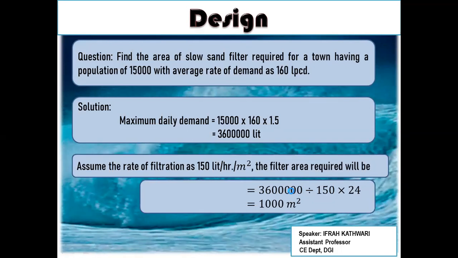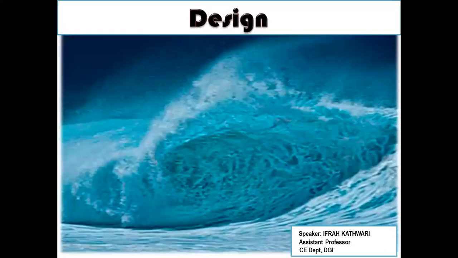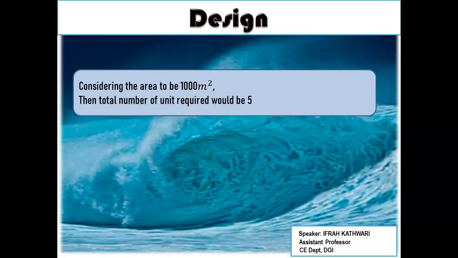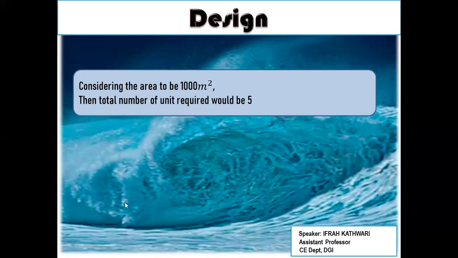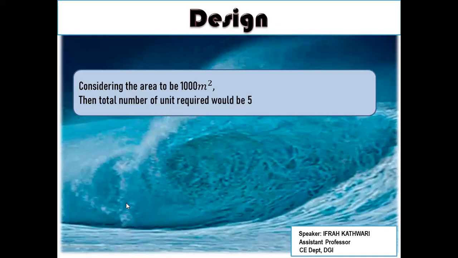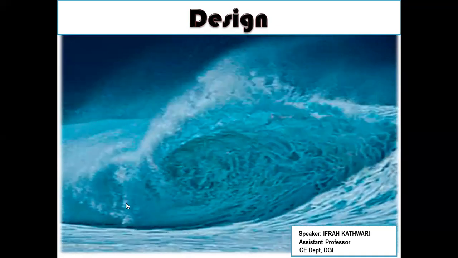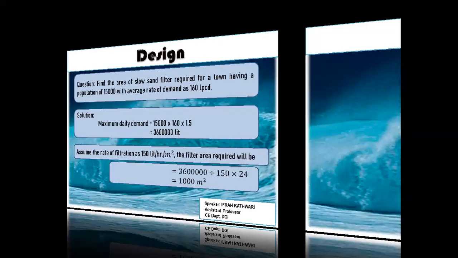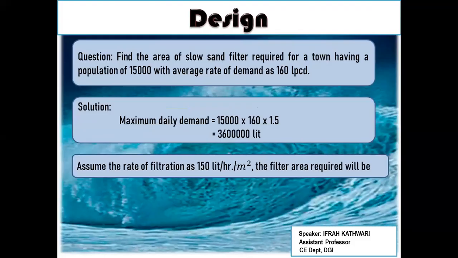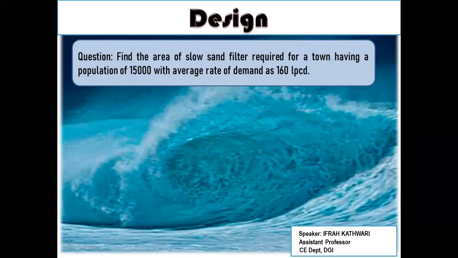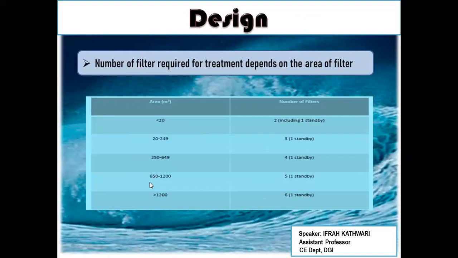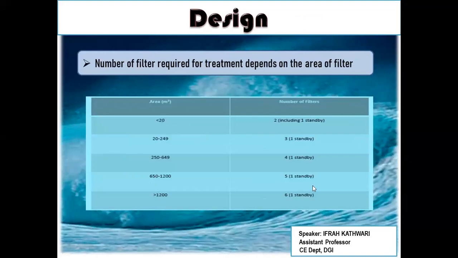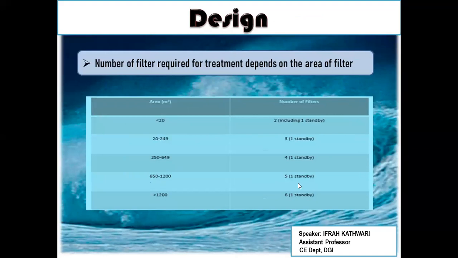The next thing is, we have taken the area to be 1000. It came out to be 1000 meters square, but in the table which I have already shown you, I will again show it to you, and that is this table, wherein, as you can see, when the area is 650 to 1200 meters square, in that case we take 5 units, wherein one unit is a standby, which means 6 units in total.